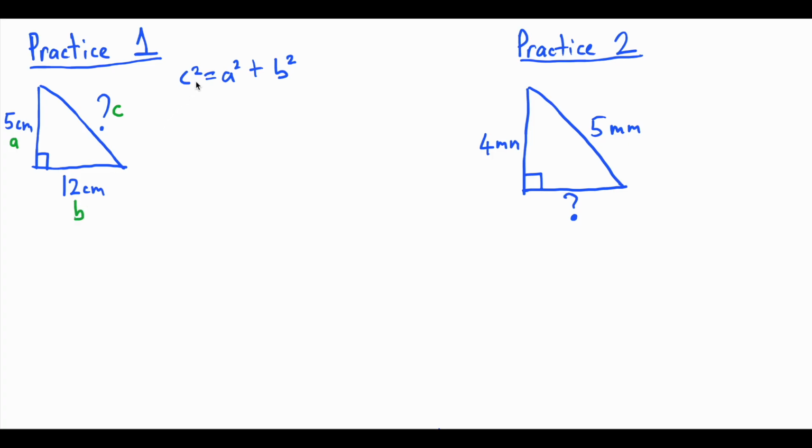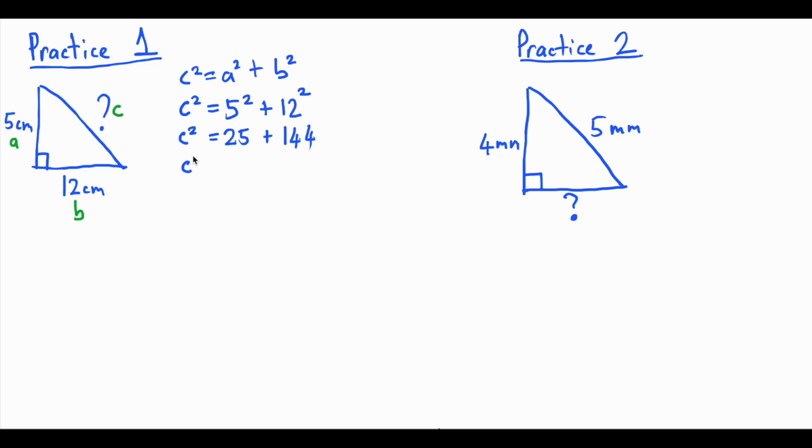So now I can substitute. So I'm going to have c squared is equal to, replace this a with this a, which is 5 squared, plus b, which is 12. So 12 squared. So therefore I'll have c squared is equal to 5 times 5 is 25 plus 144, because 12 squared or 12 times 12 is 144.